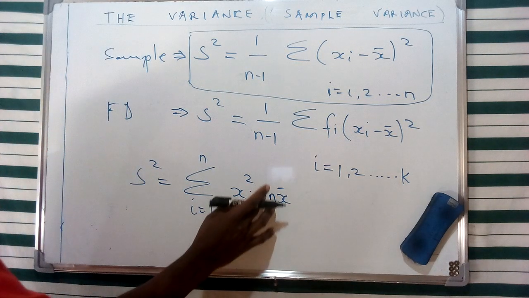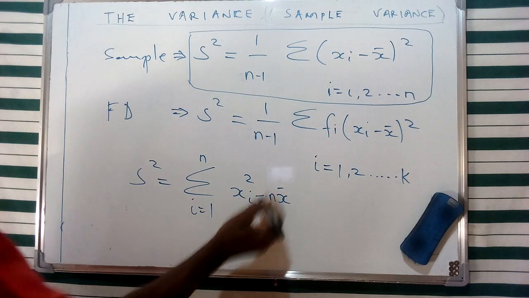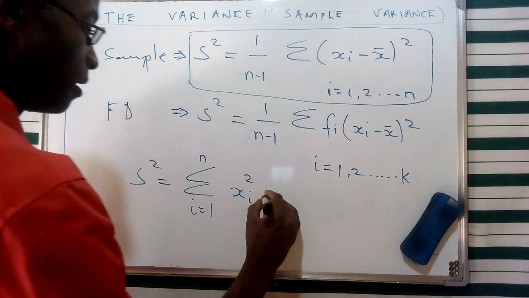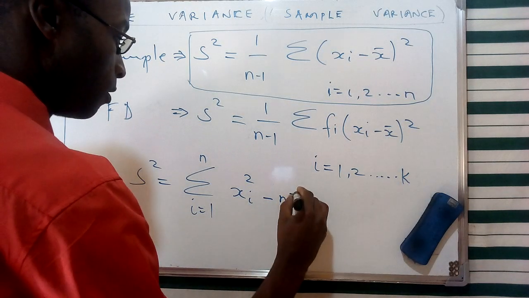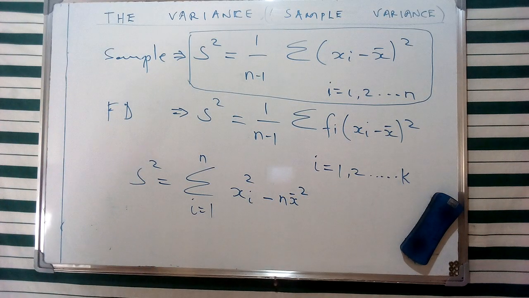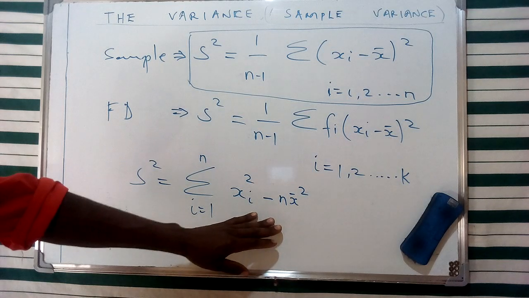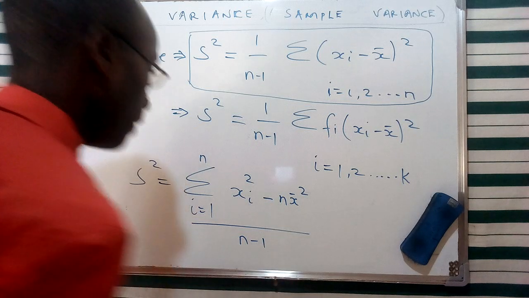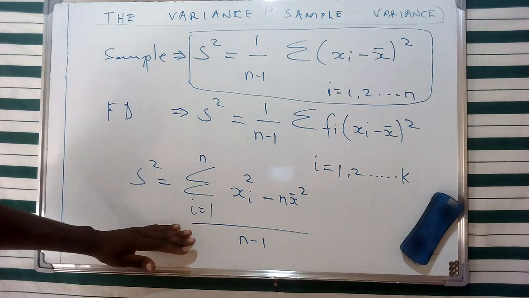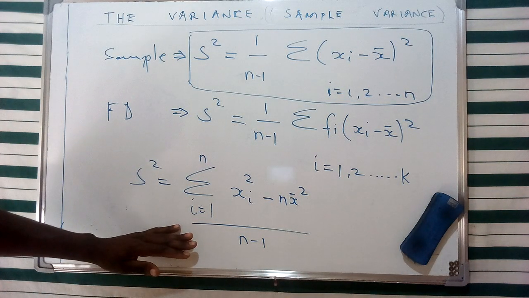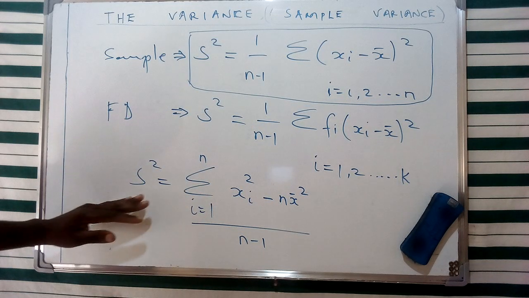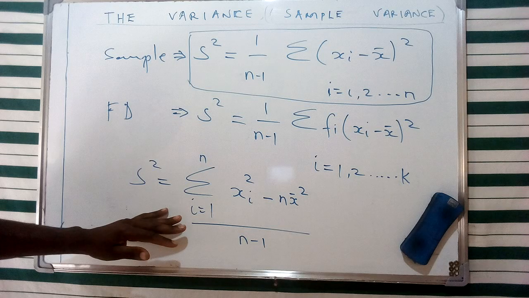So the difference from the first one is that this constitutes the product of the squared average times the number of observations, and this is divided by n minus 1. So this forms a representation for raw data, and of course it still represents the sample variance.